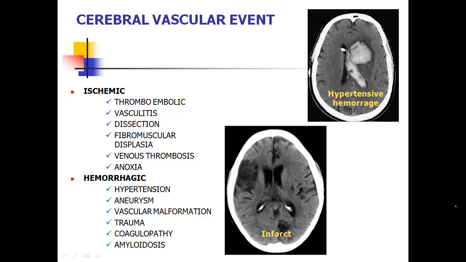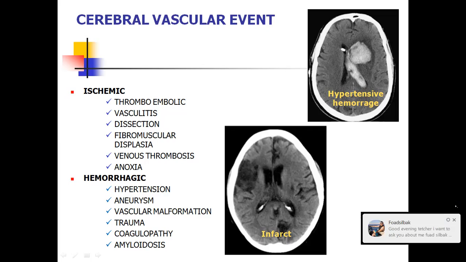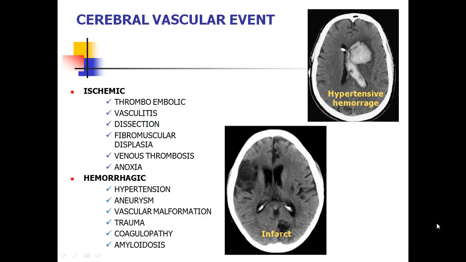Hemorrhagic events occur as a result of arterial hypertension, the presence of aneurysms, vascular malformation, congenital pathology, trauma, coagulopathy, and amyloidosis.